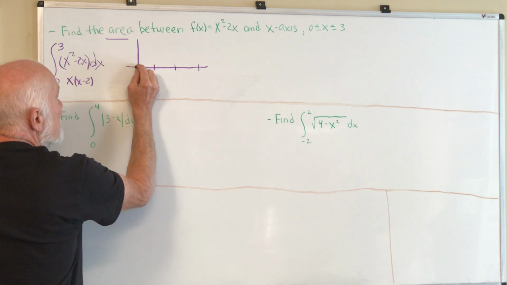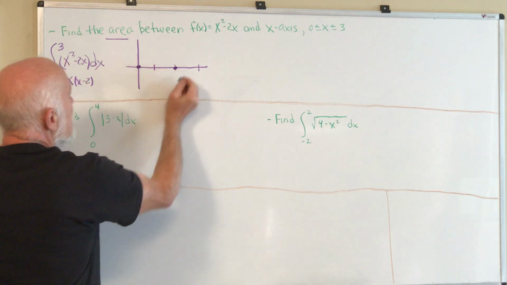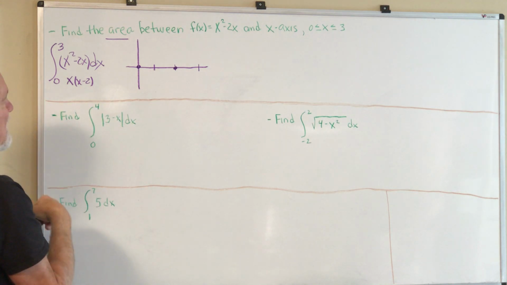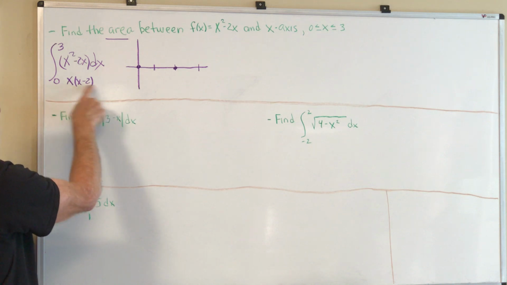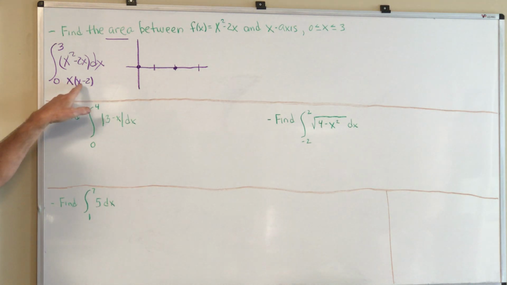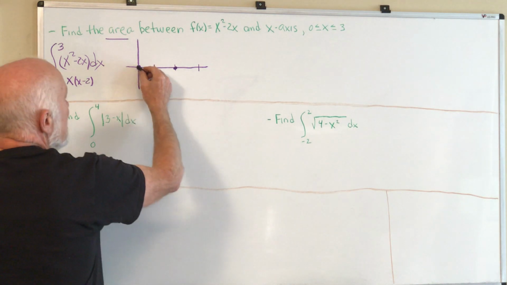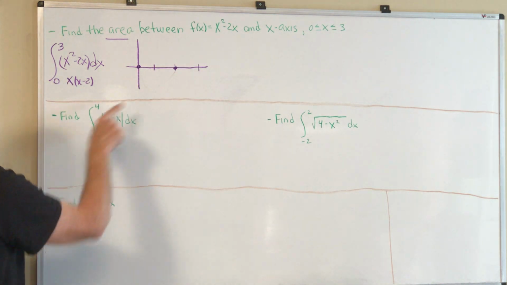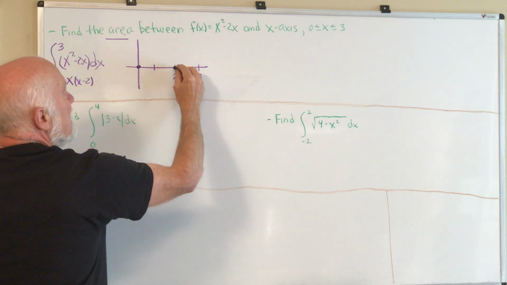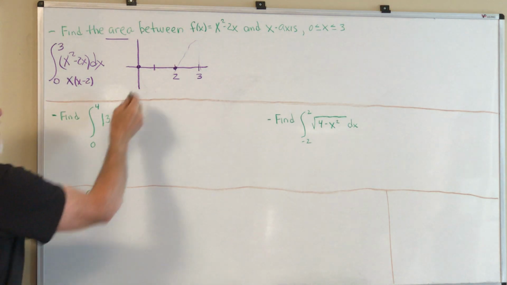But between 0 and 2 on the number line, all these values are going to be negative, like at x equals 1: 1 times negative 1 is negative 1. So we know it's negative in here, and once you get past x equals 2, it turns out to be positive.